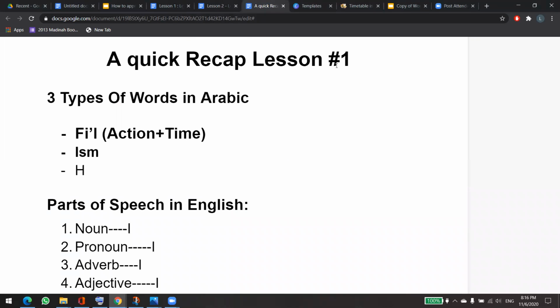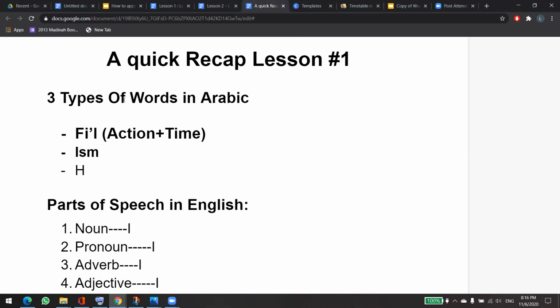Okay, so in lesson 1, what did we do? We learned 3 types of words in Arabic, right? What are those? Yes, fail, ism, and harf. And what's important about fail?